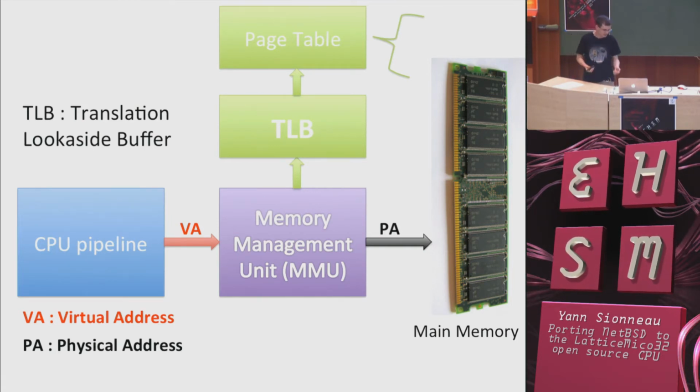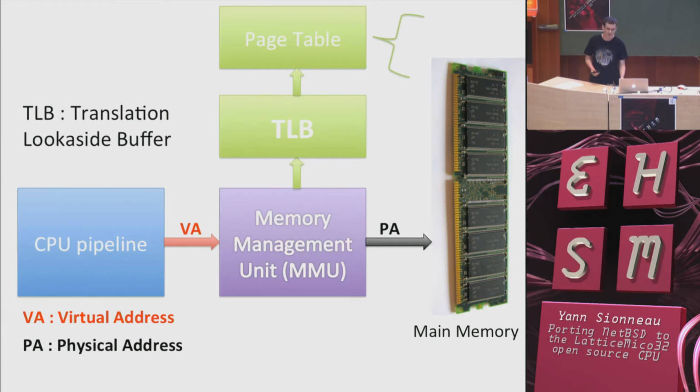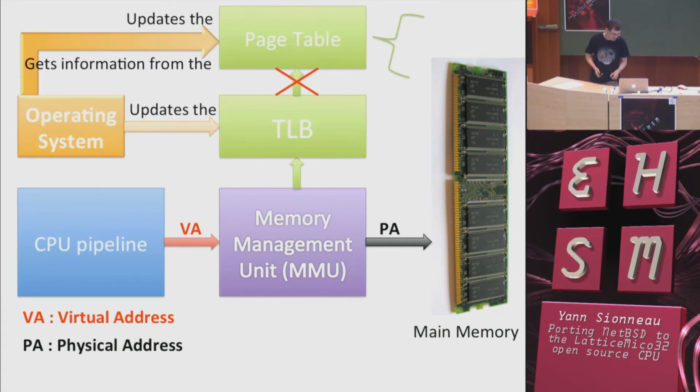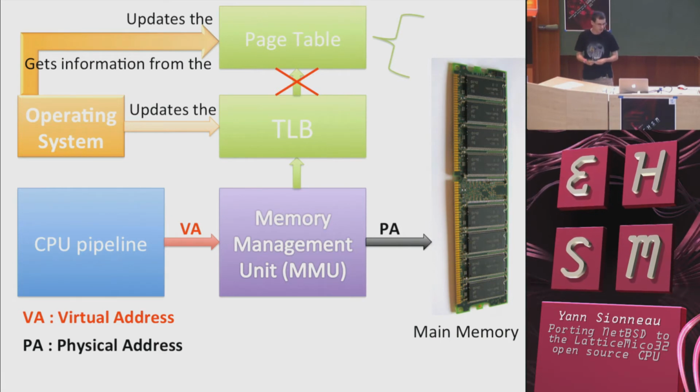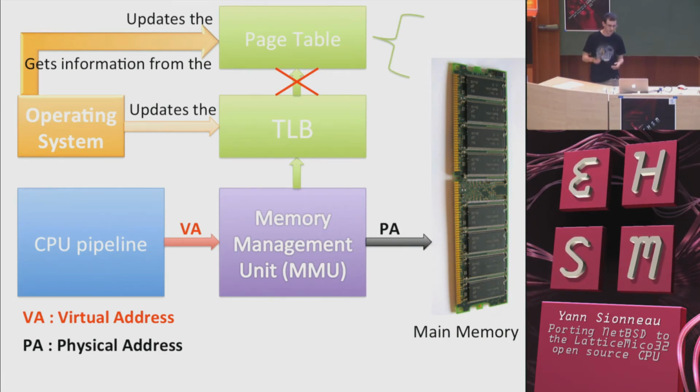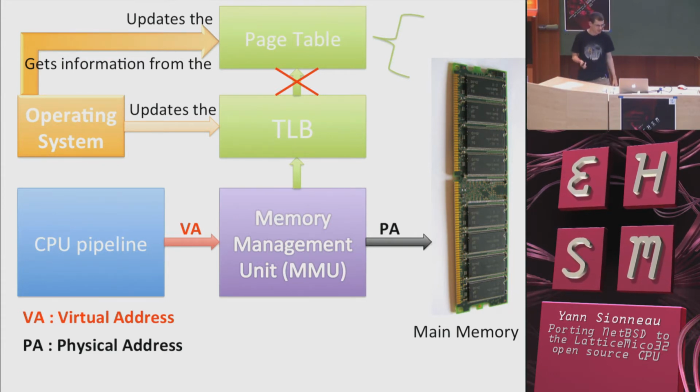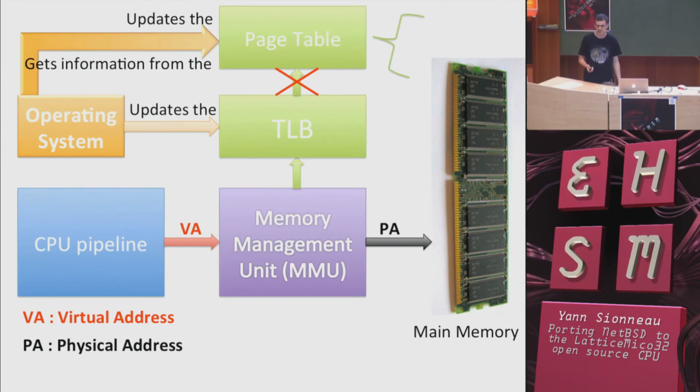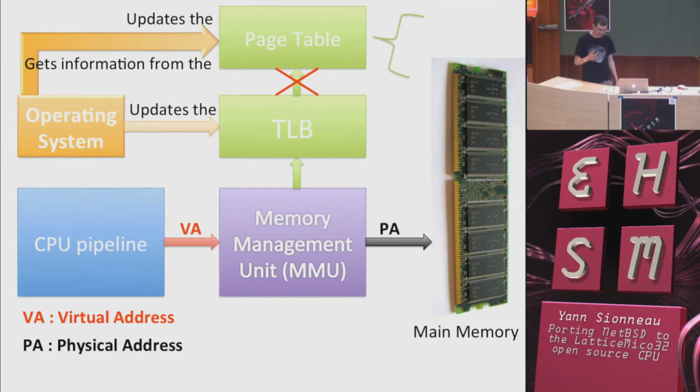But in fact, here for the LatticeMico32 CPU, I didn't do it like this. In fact, when the information is not in the TLB, the MMU will not go fetch by itself into main memory. Instead, the MMU will raise an exception and it will trap into the operating system and ask the operating system to update the TLB.